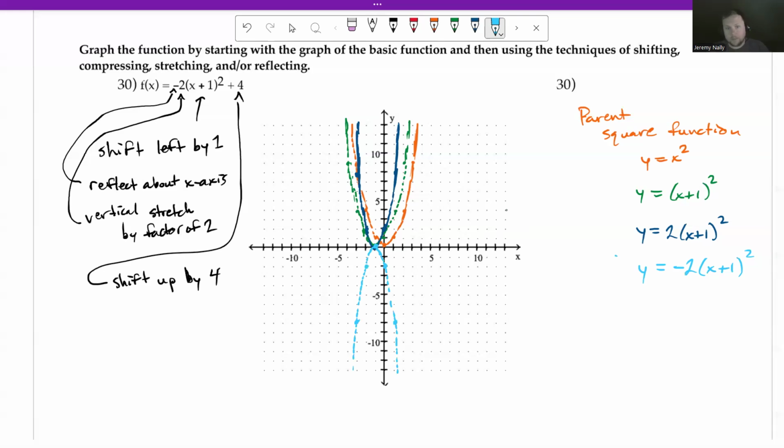Okay. And then finally, oh, we're getting to our goal here. So now I'm going to shift everything up by 4.